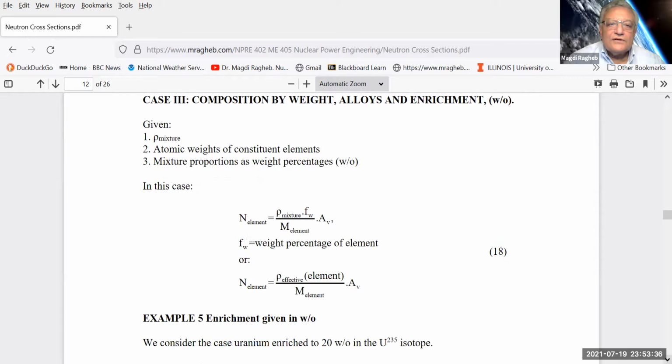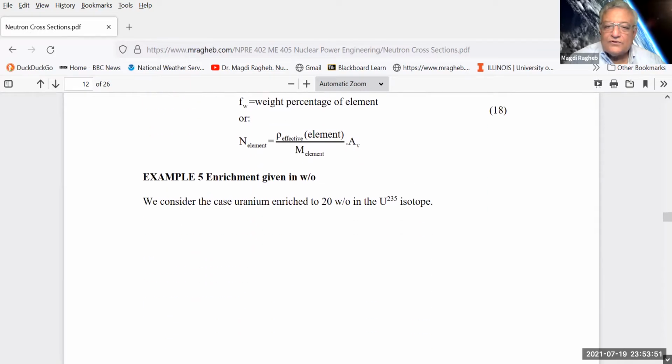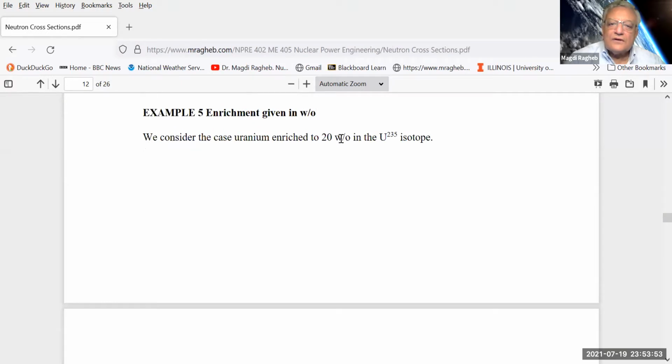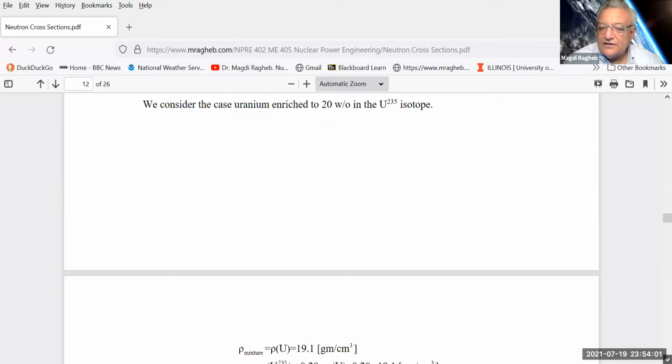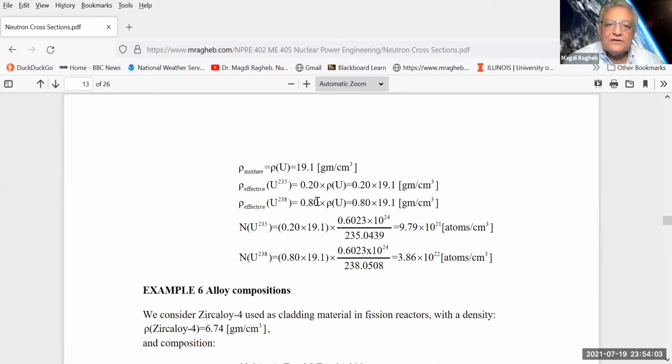You can also deal with compositions by weight. You can deal with alloys, and if you have enrichment. Notice here now it's not atomic percentage that is used but the weight percentage. So for instance, in uranium-235, when we talk about the enrichment in the chart of the nuclides it's in atomic percentage, but when we deal with enrichment it is 20 weight percentage. So you modify the density of each isotope.